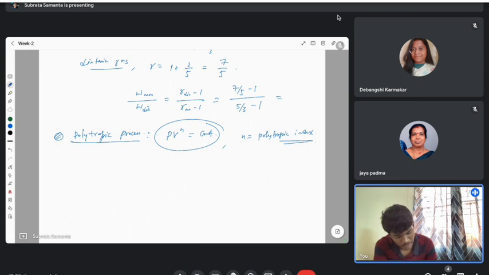For n equals gamma, we go to the adiabatic. For n equals 1, PV equals constant.